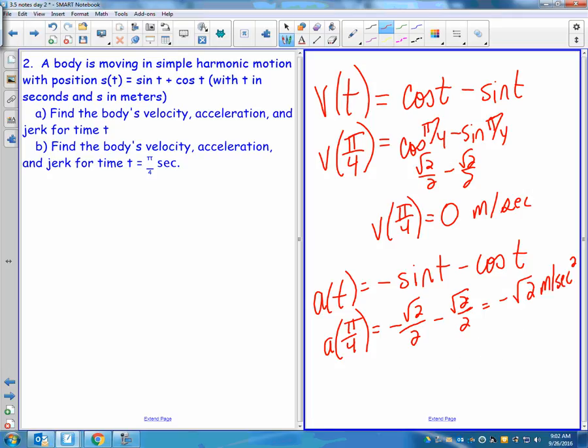And then our new one, the jerk. Jacob, you're up. What's the jerk? Negative cosine t plus sine t.